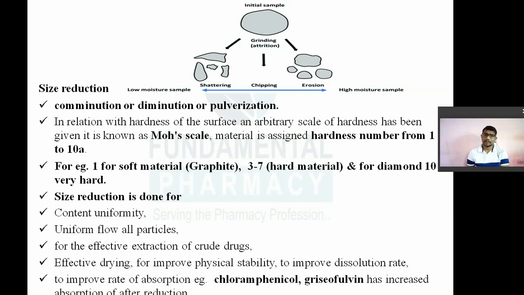To improve the absorption, for example, there are certain drugs which, if you use them as they are, are less absorbed. For example, size reduction in the case of chloramphenicol and griseofulvin. Micronization of griseofulvin has increased the absorption. Micronization is a process that is also a size reduction process.